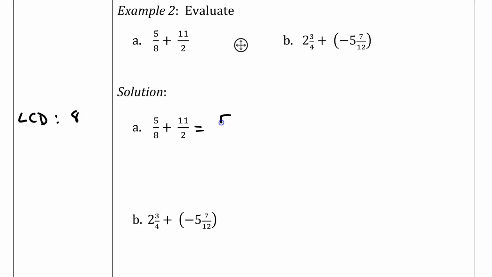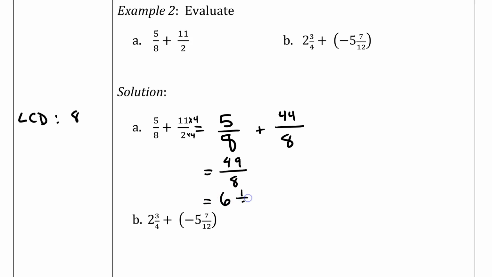So I don't need to do anything to 5 over 8, done. But I want to multiply this by 4 and this by 4 because I multiplied the denominator by 4. So plus 44 over 8. 5 plus 44 is 49 over 8, and to get this into a mixed number, it is 6 and 1/8.